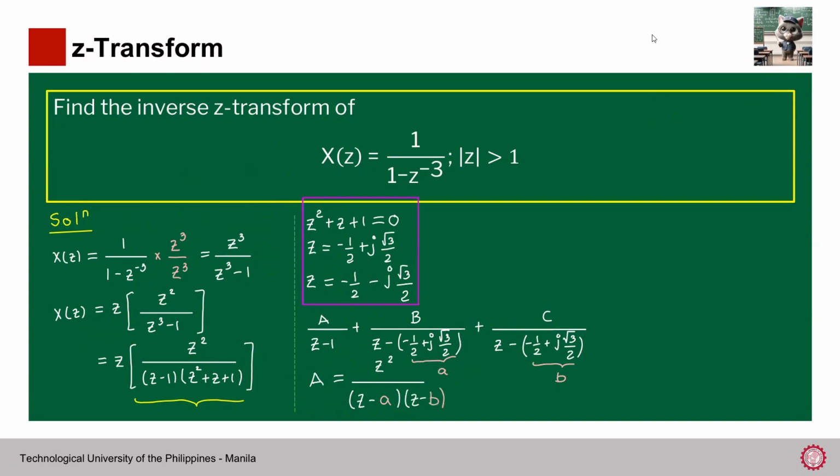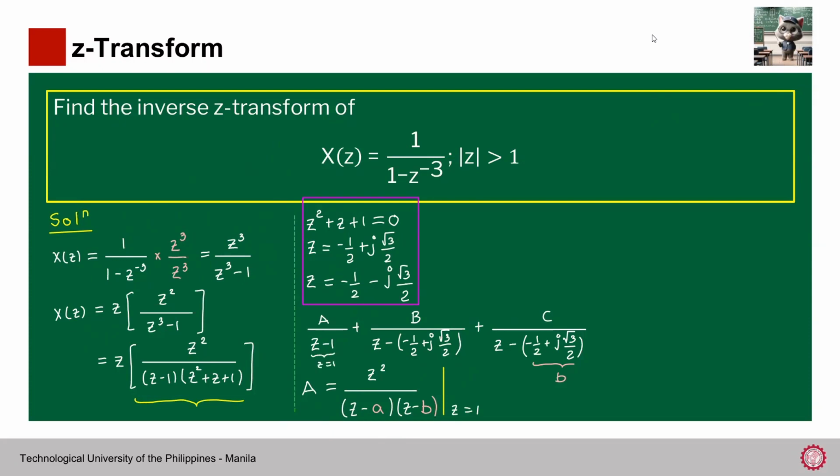Okay, and then we will evaluate this. Evaluate po natin ito, with z is equal sa 1, because itong z minus 1, pag inequate natin sa 0, so we'll get z is equal sa 1.